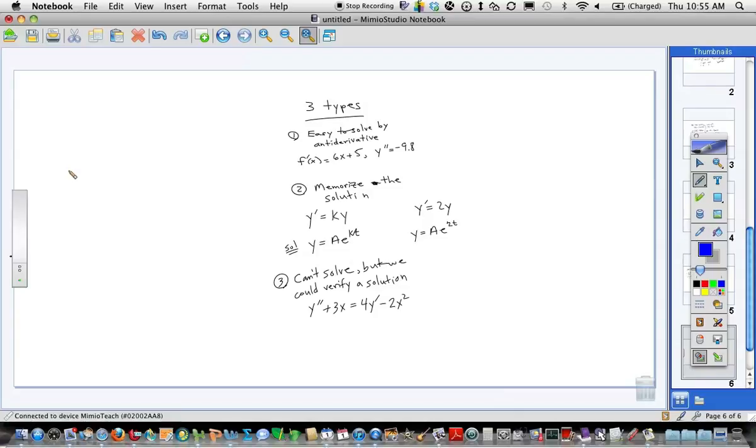But let's just do this right now, this is something you want to have in your notes, because this is a problem that will be on the next quiz, where I'll give you a differential equation and I'll say verify that something is a solution. So I'm going to ask you this question.